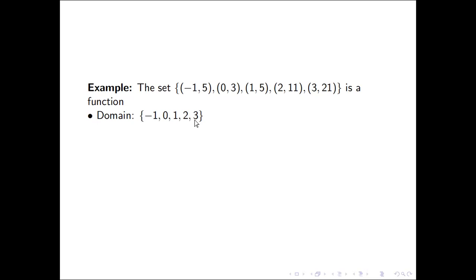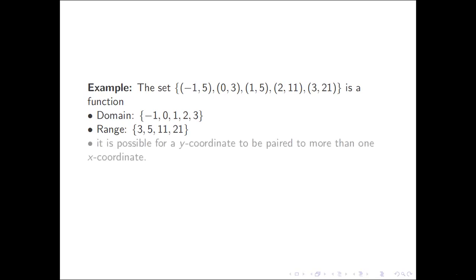And then for the range, it's just the set of all Y values that are there. So we have 3, 5, 11, 21 for the range. Those two are easy to get simply because we have a finite set. But it will be different, of course, when we have an infinite set of ordered pairs.